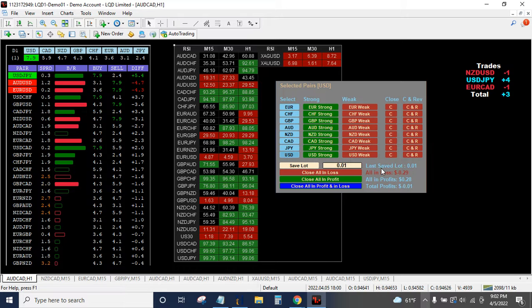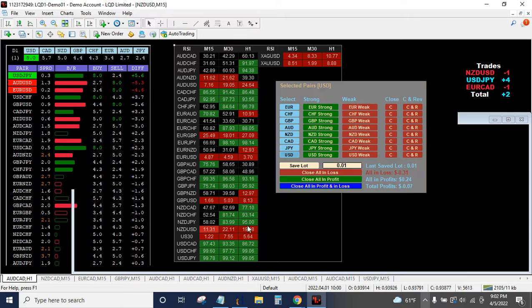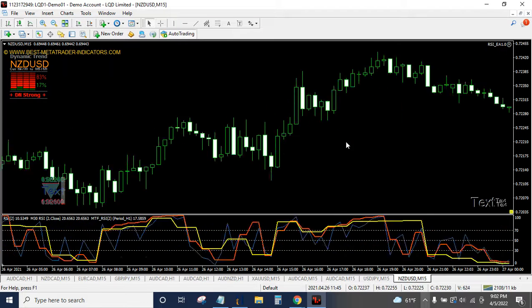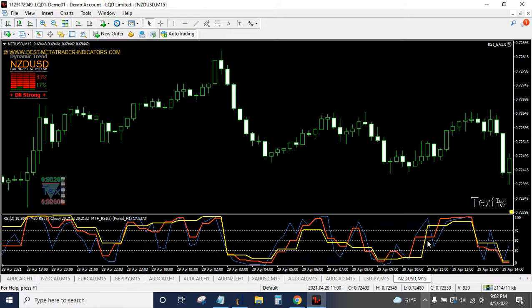For that short position to be closed, the three RSIs have to cross up the 30 level from below and go long.